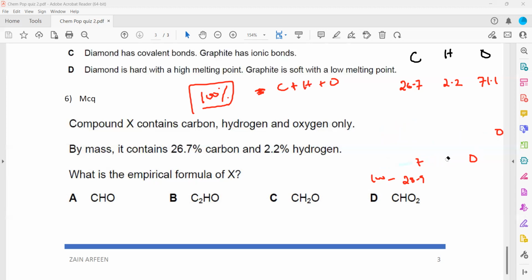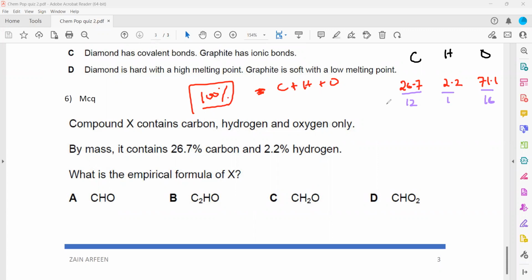So after getting the percentage of each, what we do is divide by atomic mass. So what is the atomic mass for carbon? It's 12, so we divide by 12. For hydrogen, it is 1 and oxygen is 16. So 26.7 divided by 12, what's the answer? 2.225.